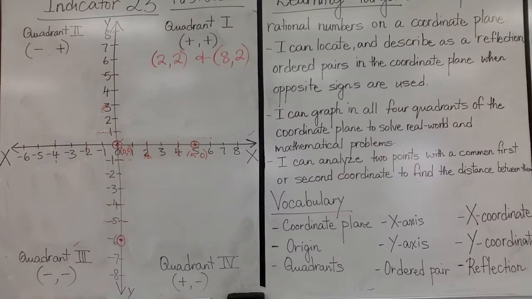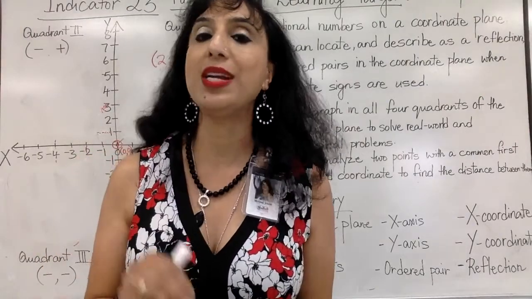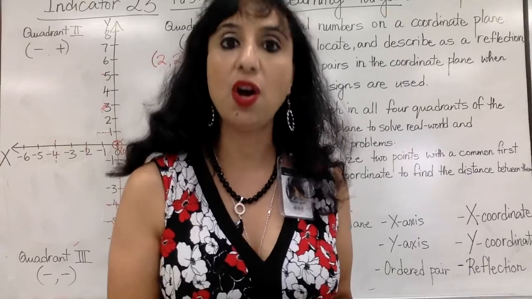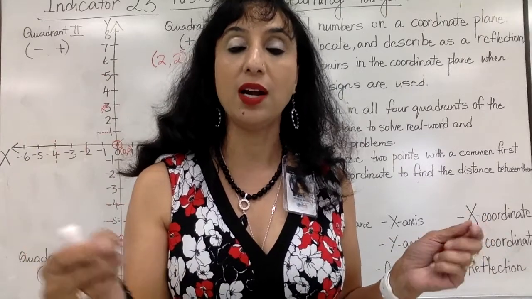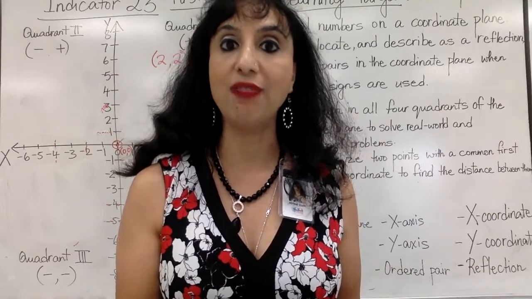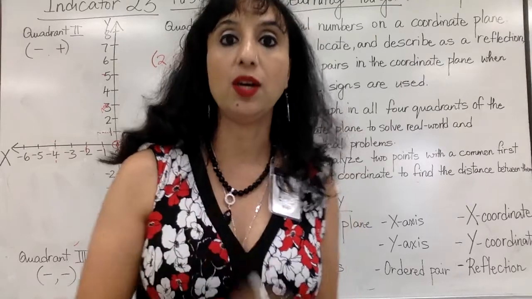All right. And then also, what quadrant does this lie in? So just looking at those, I can automatically know that the quadrant is definitely going to be quadrant 1, because whether I say 2, 2 or 8, 2, both x and y coordinates are positive. So these are going to be graphed on quadrant 1.